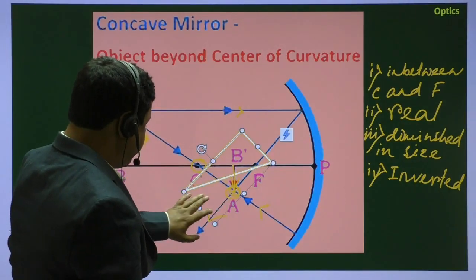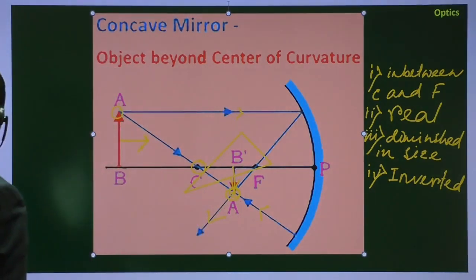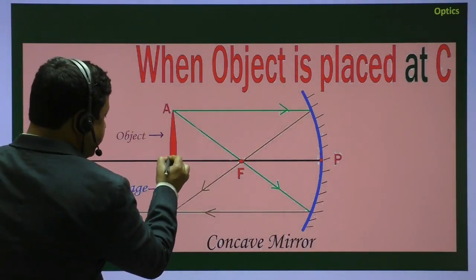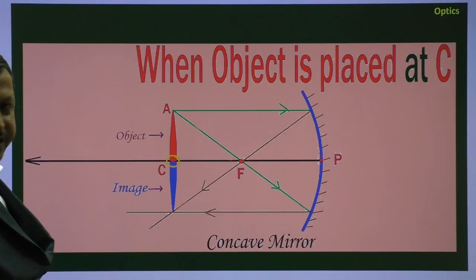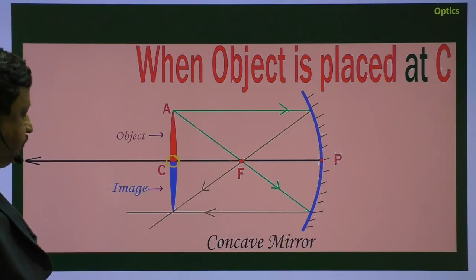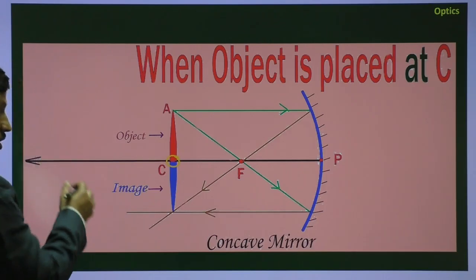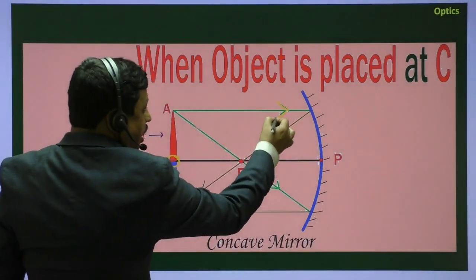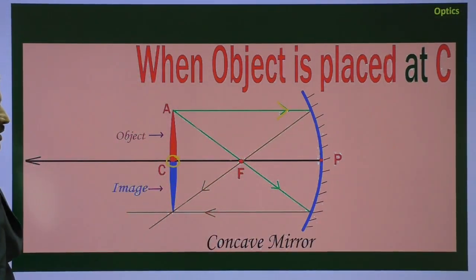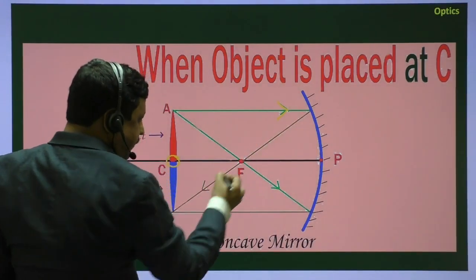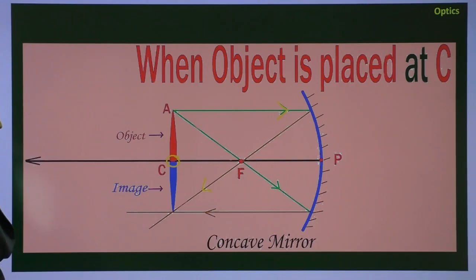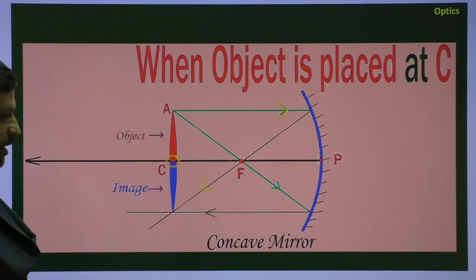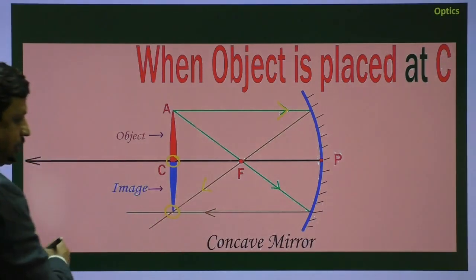Now in this case, if the object is placed at the center of curvature, then if you draw the image formation, first you have to draw a light ray parallel to the principal axis, and after reflection it will move through the focus point, and another line through the focus point will move parallel to the principal axis. So this point is the intersecting point.